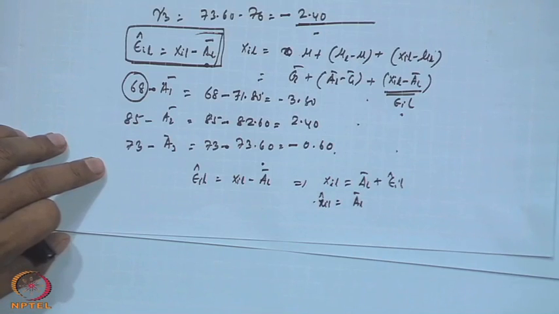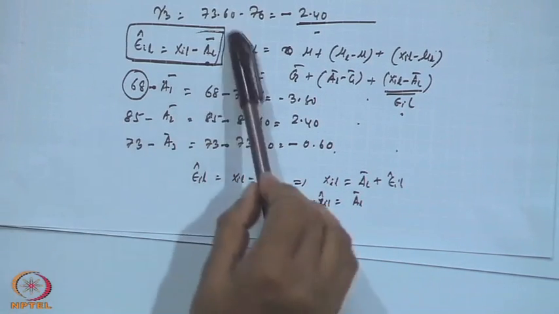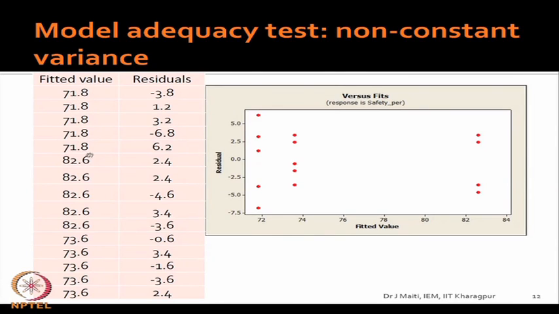As a result, what will happen, you will find that for population 1, that is A1, the first 5 values are replaced by the average. This is the average across A1. Similarly, the average across A2 for the second 5 values, and the third 5 values is the average across A3.